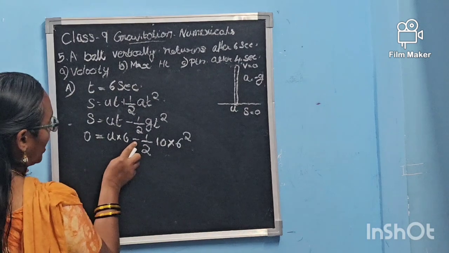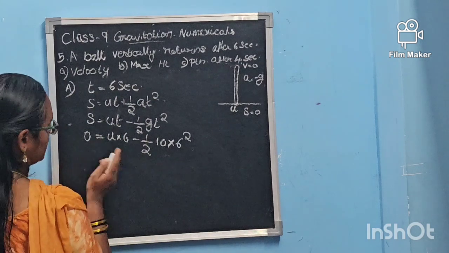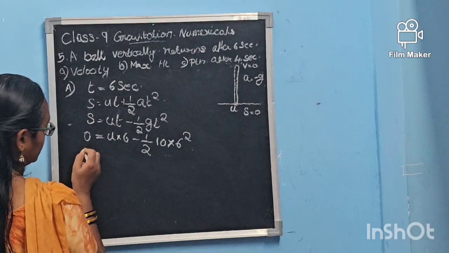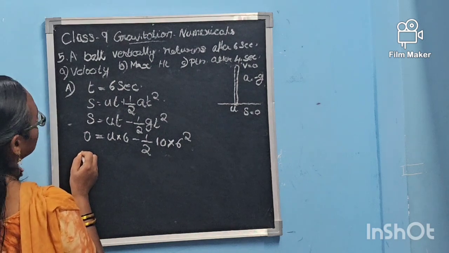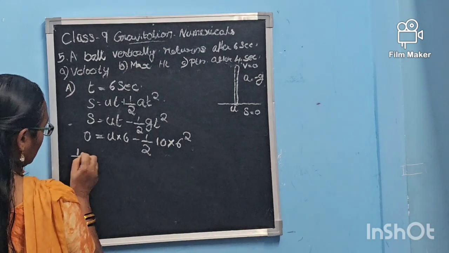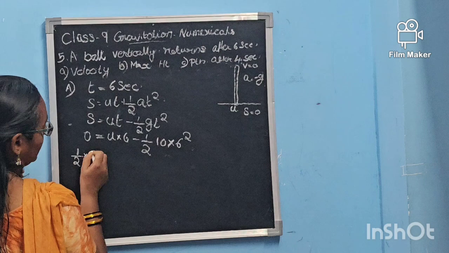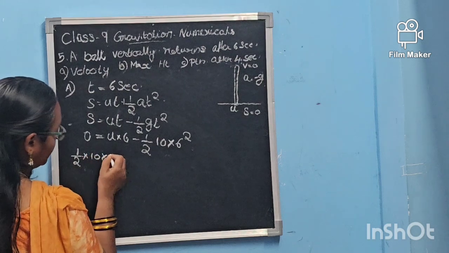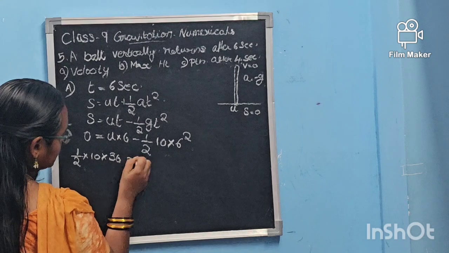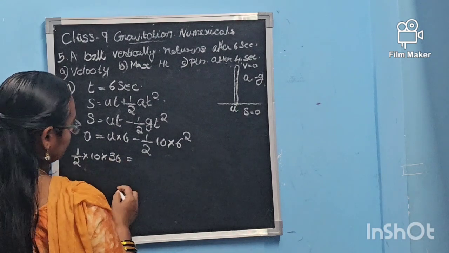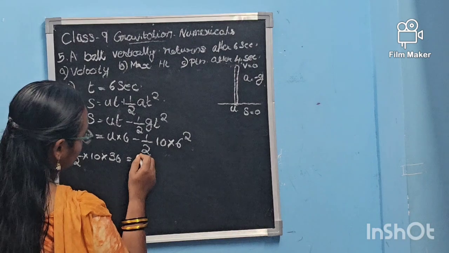So this is 0, so I am putting this on the opposite side. Half into 10 into 36 is equal to 6u.